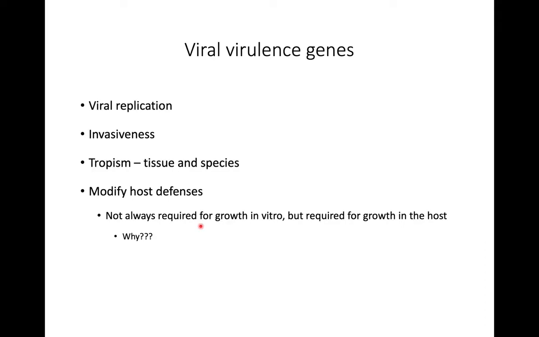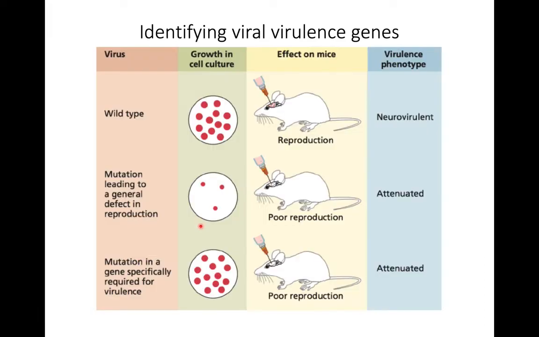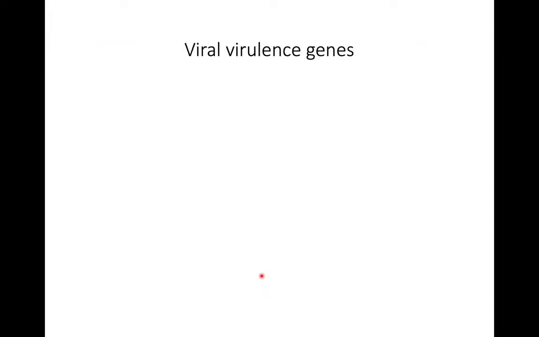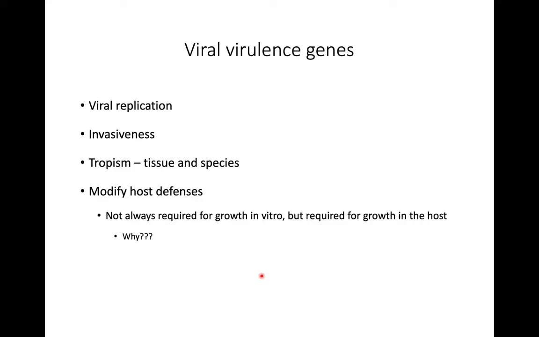So if we look back, I'm going to flip back really quickly. If we look back here, a mutation in this gene still allowed the virus to grow really well in culture, but it was attenuated in the mouse itself. So the question I have for you is why? Why would a mutation preclude replication in an animal, but not in the cell?